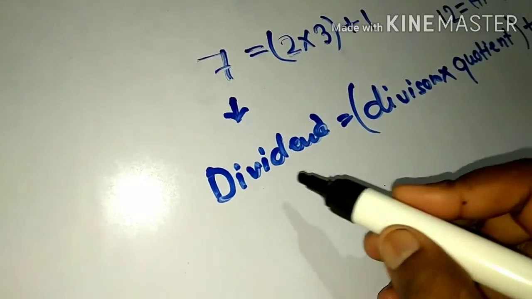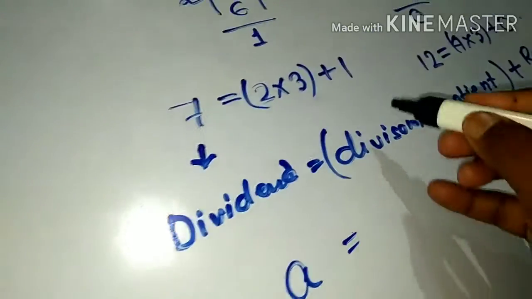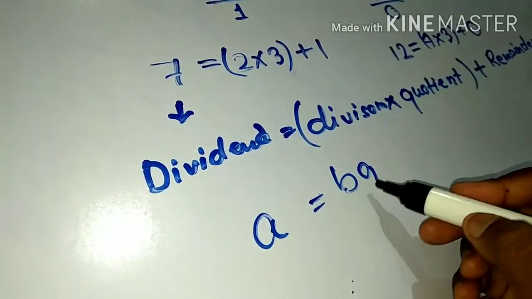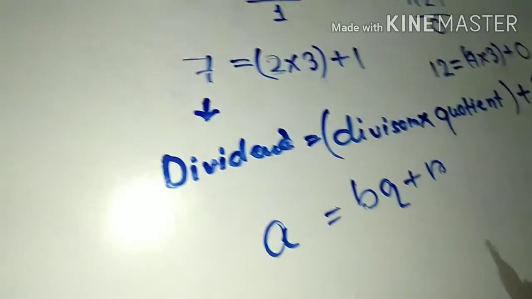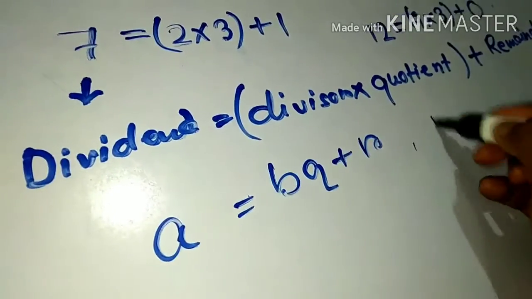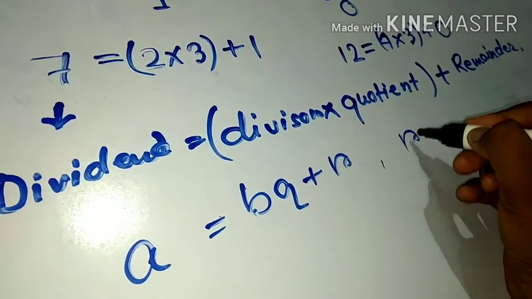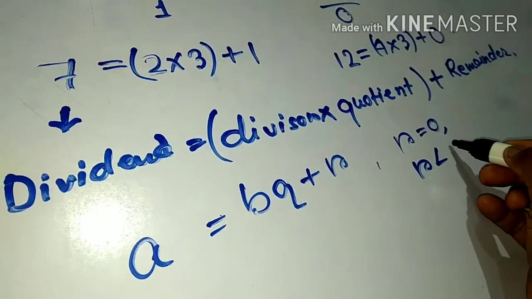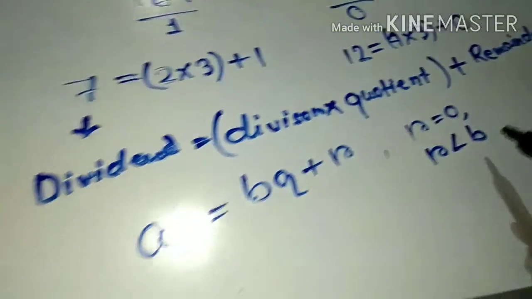If we consider the dividend is a, the divisor is b, the quotient is q, and the remainder is r, then we can write a is equal to bq plus r. The condition of the remainder is that it may be equal to 0 or less than the divisor, here b.